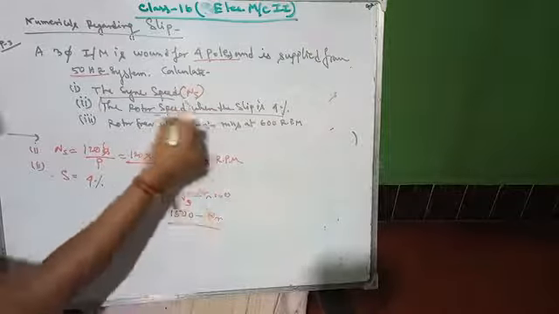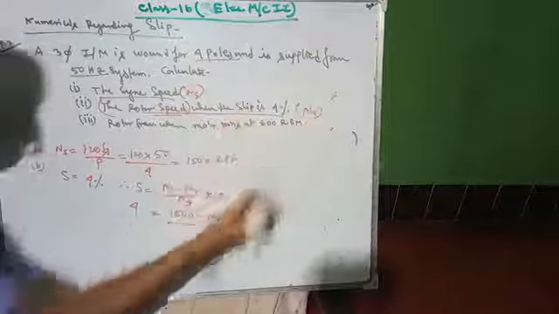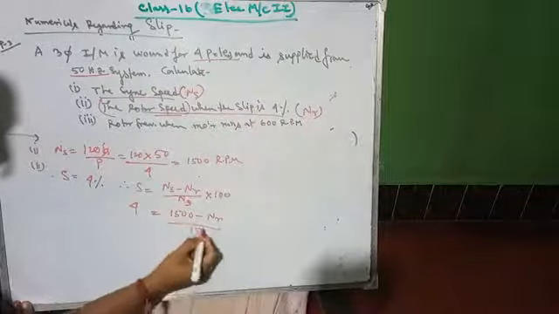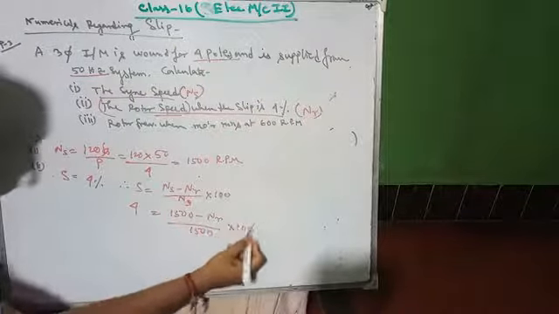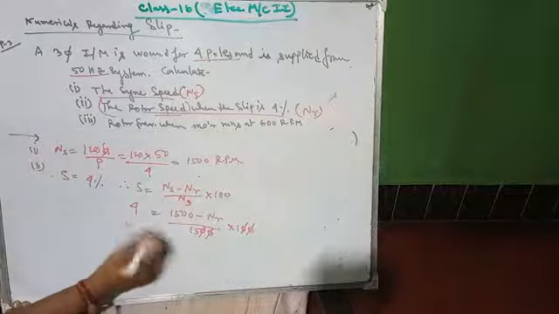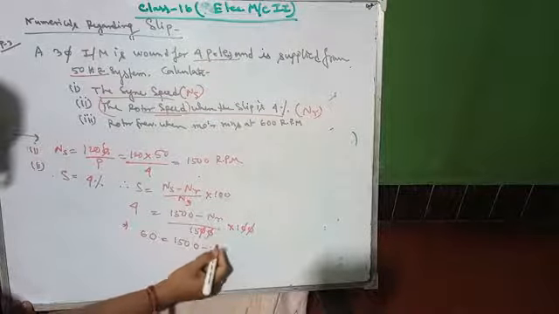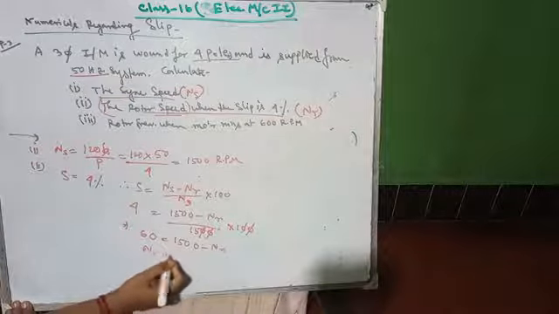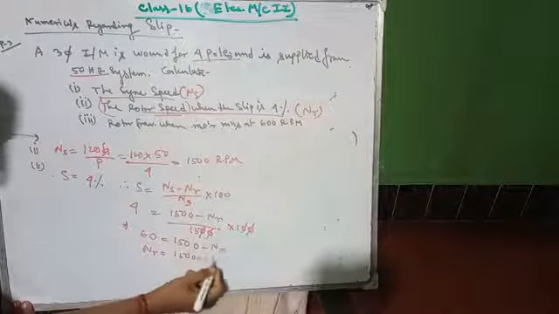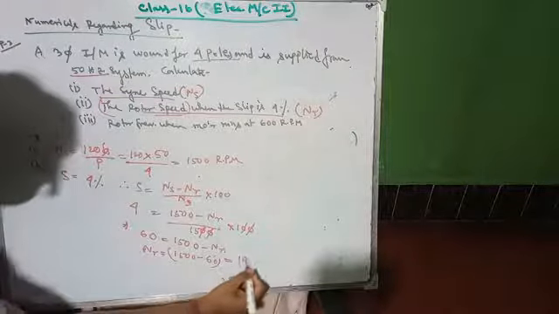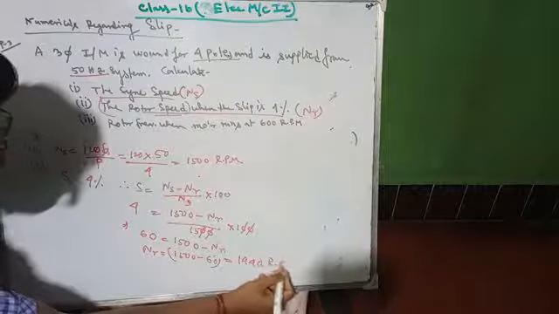So Ns means 1500 into 100, so the zeros cancel out. So 15 into 4, that will be 60 equals 1500 minus Nr. So Nr equals 1500 minus 60, that will be 1440 rpm.